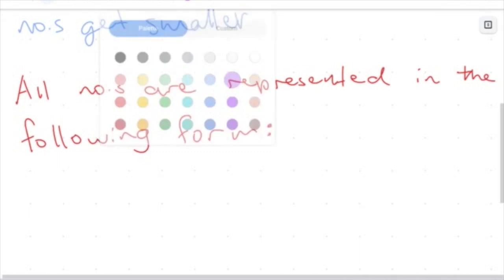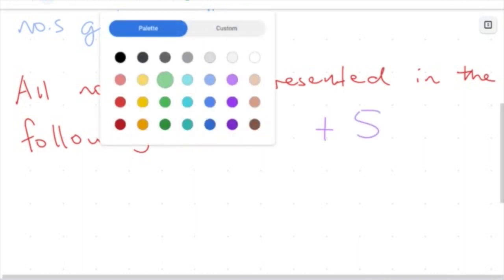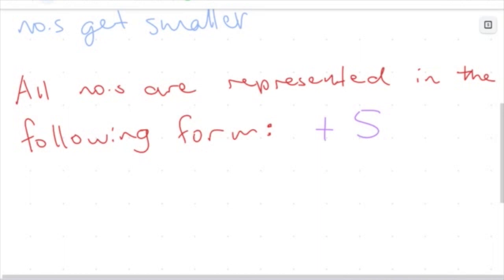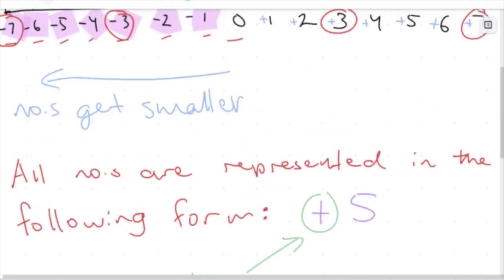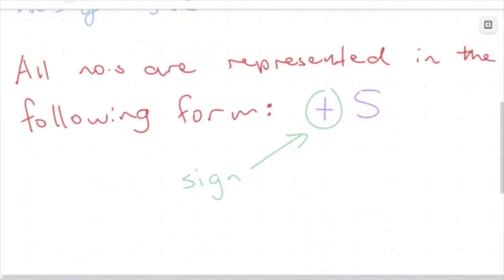For example, let's say positive 5. When we write these numbers, we have a sign. By sign, I mean whether it's positive or negative. It just tells us the identity of the number: does it lie on the positive side of 0 or on the negative side of 0? That's what we mean by sign.